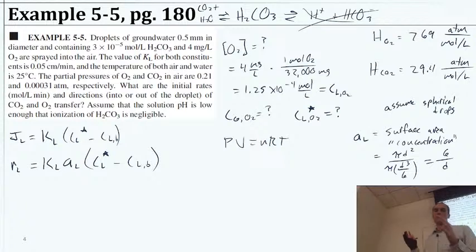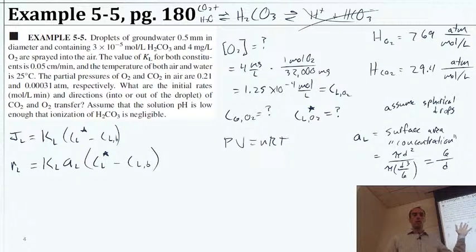If we assume it's spherical, surface area divided by volume simplifies to pi d squared divided by pi d cubed over 6, which ultimately gives us pi over 6. Okay, setup so far tracking?